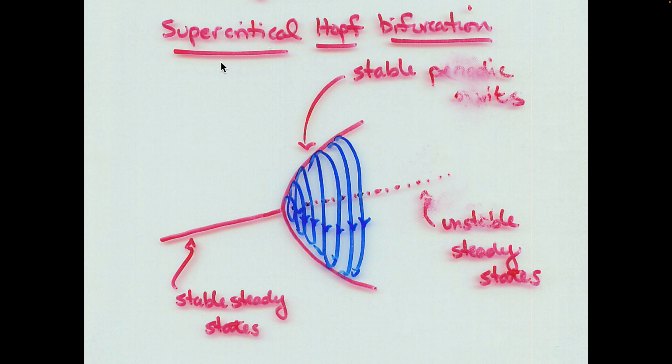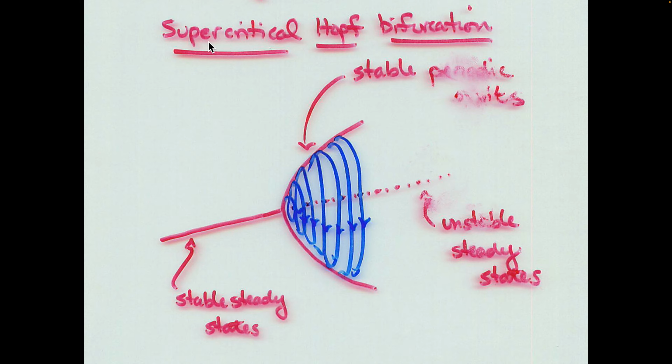One type of Hopf bifurcation is referred to as supercritical, and that's when you have a set of stable steady states that go unstable, and then surrounding those steady states, limit cycle oscillations emerge. So this is stable periodic orbits emerging from a set of steady states.